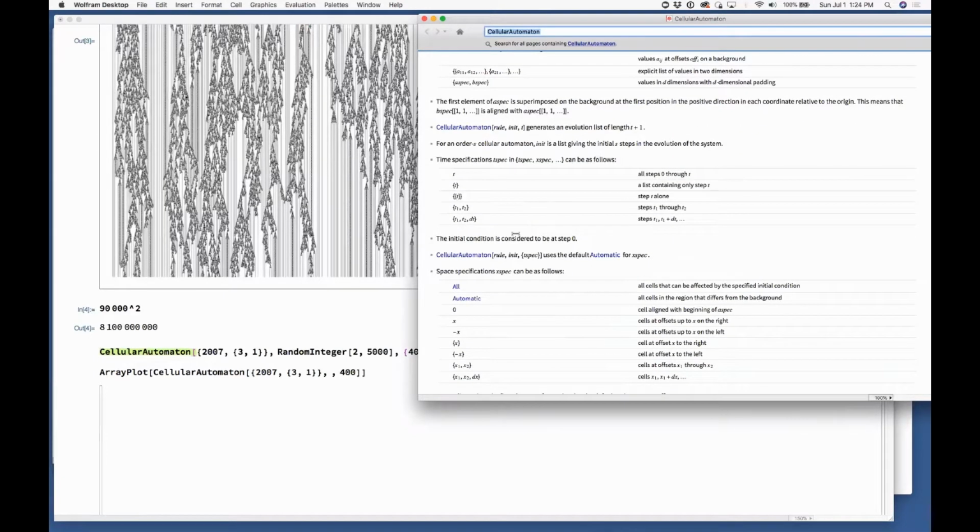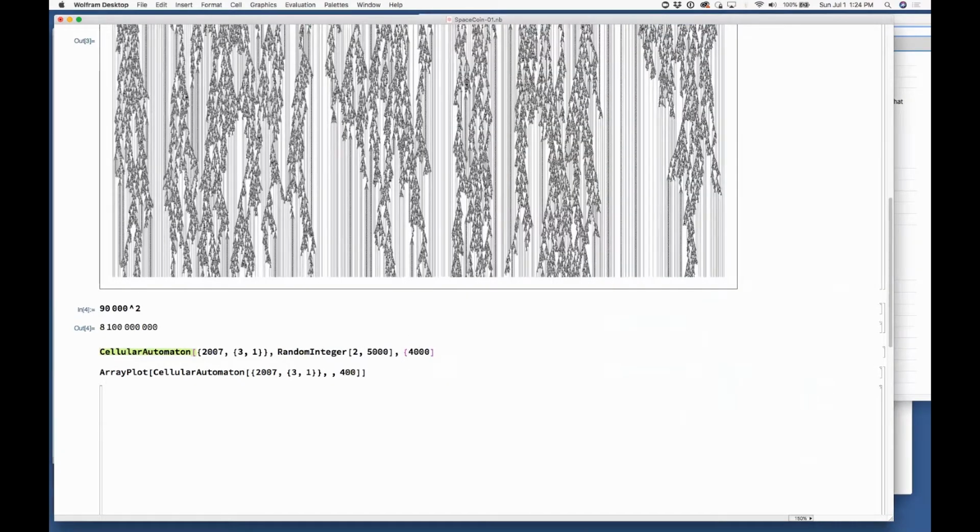Okay, steps T1 through T2 dx. So let's say this is steps 0 to 4,000 in steps of, let's say, 2. And then from 1 to 5,000 in steps of 2. So this should give us the thing that's been sampled.